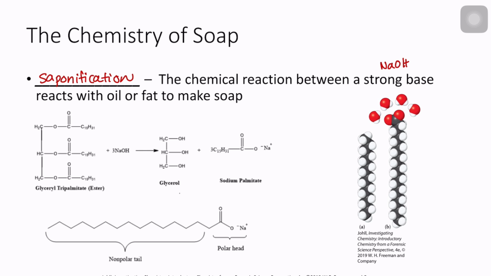Here's a space filling molecule. Here is just our nonpolar tail. Then we can add the hydroxide there and form this polar head. And notice that these water molecules are going to surround it with the hydrogen facing in, and it can dissolve that grease.